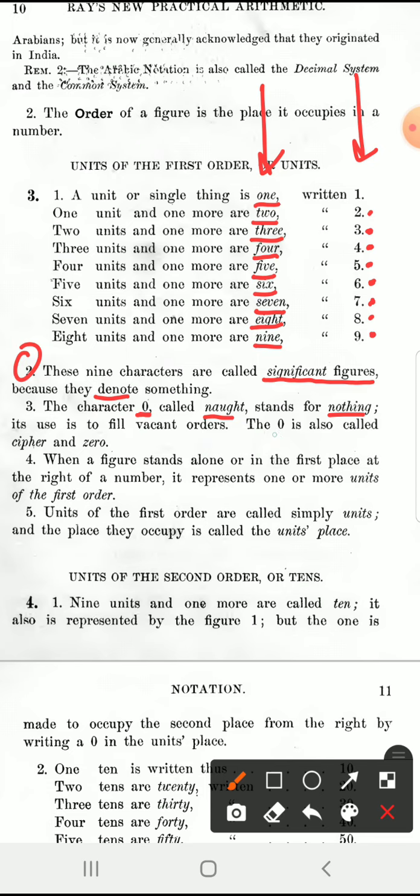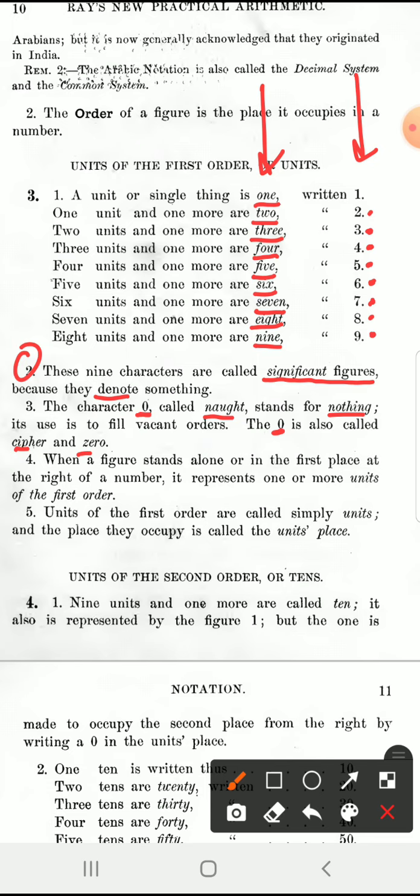The symbol 0 is also called cipher. So the number 0, which really isn't a number, is just a figure that's used to mark an empty order in the Arabic system of notation.